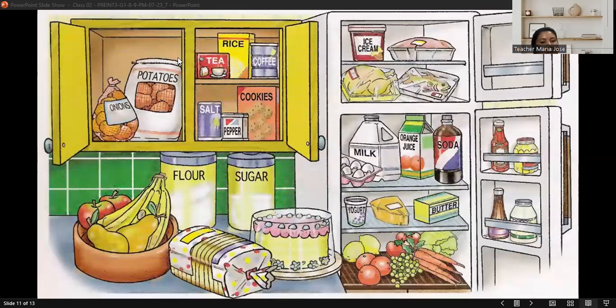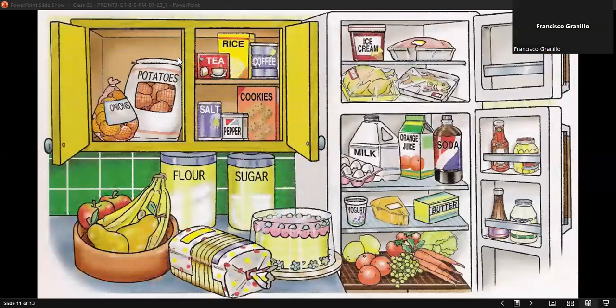And Francisco, the last question for Tatiana. Okay, Tatiana. How many bananas are there? There are 3 bananas. Excellent. Please tell me how much or how many.